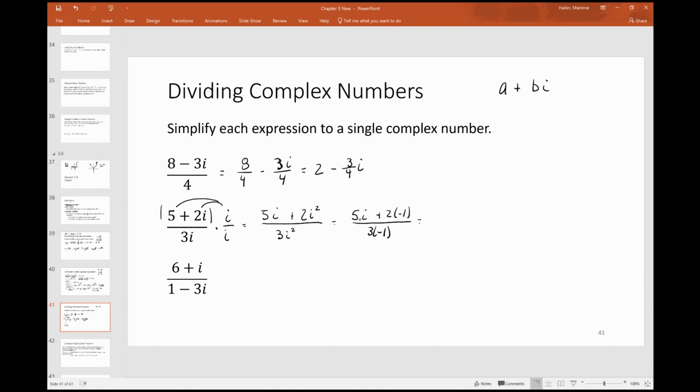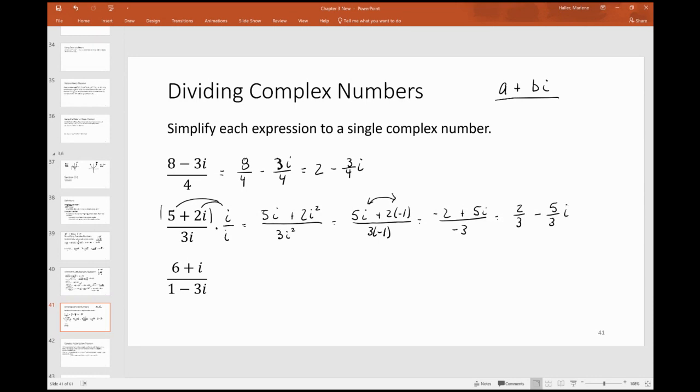Now the real part should come first and the imaginary part second. So I might just switch those. 2 times -1, of course, is -2, and then plus the 5i, which is positive, right, over -3, right? And then I can break it up and put it in its standard form. -2 divided by -3, of course, is 2/3. And then we've got a positive 5 over a -3, so that'd be a minus 5/3 i.